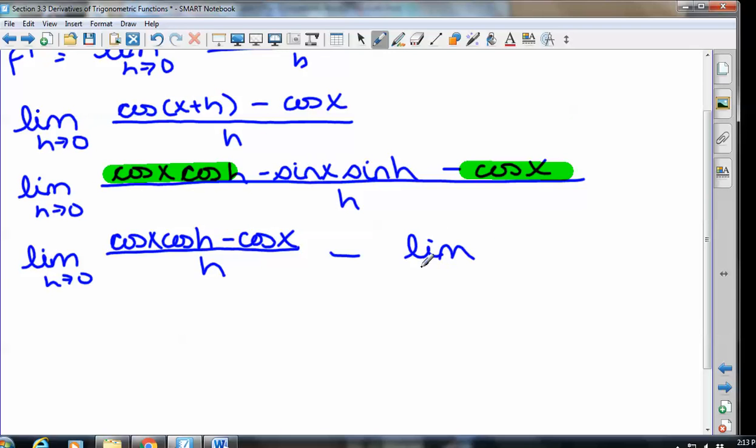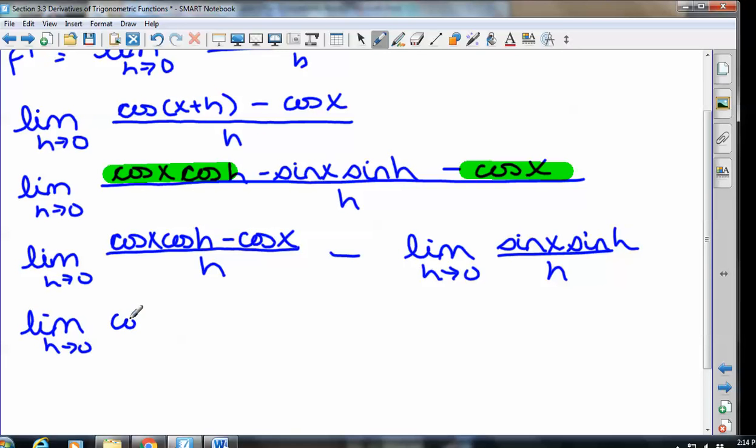And then we would have minus, because of that negative, the other one. Take out cosine x.